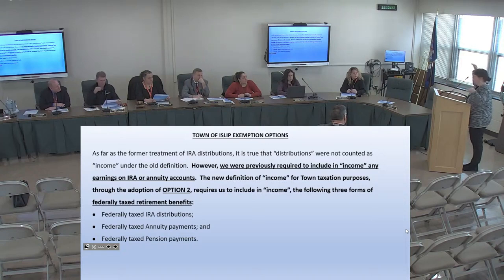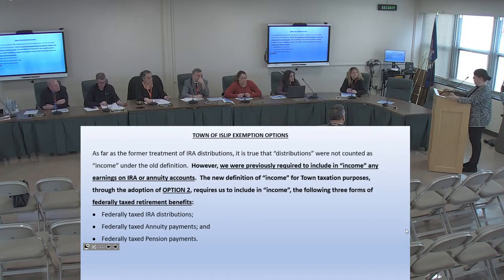So every year we had to have those 1099s with the information to show how much were the earnings. It was a little bit of an odd way of looking at it for those annuities and IRA accounts because it wasn't really income that was earned by the taxpayers at that time, right? Until they make that disbursement.